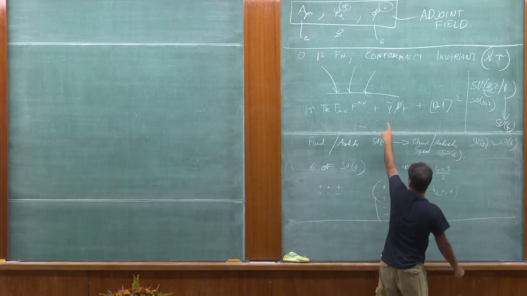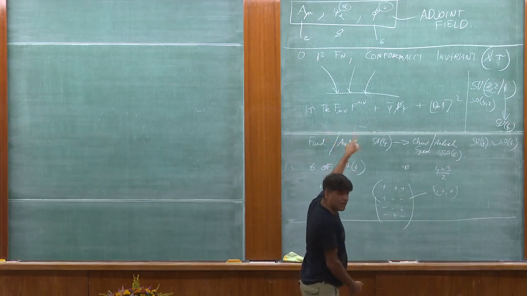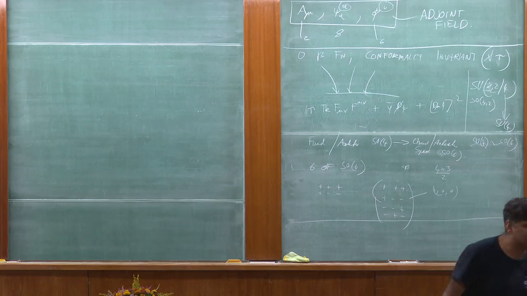So this psi A was a chiral spinor under SO6, or equivalently a fundamental under SU4. Whereas this phi I was a fundamental under SO6, or equivalently this antisymmetric of chiral spinors under SU4.